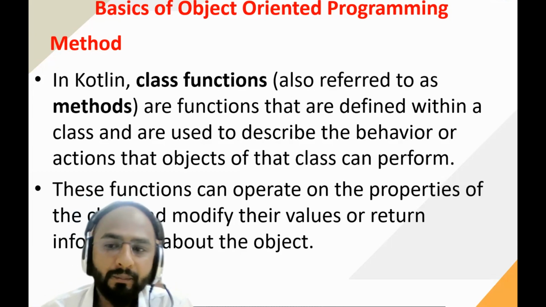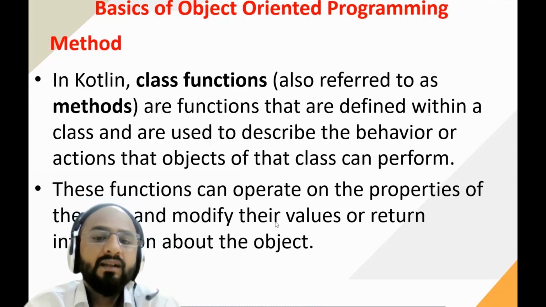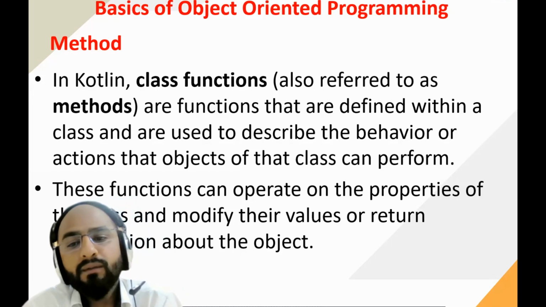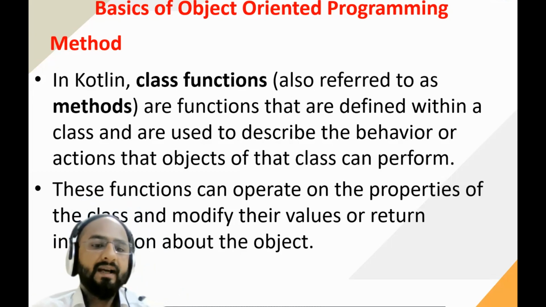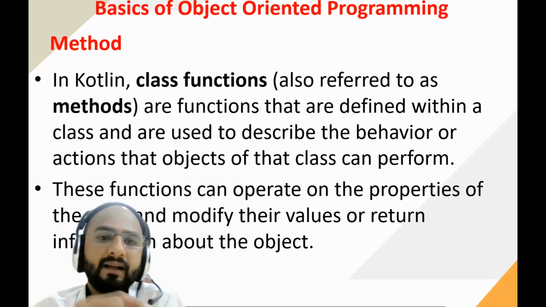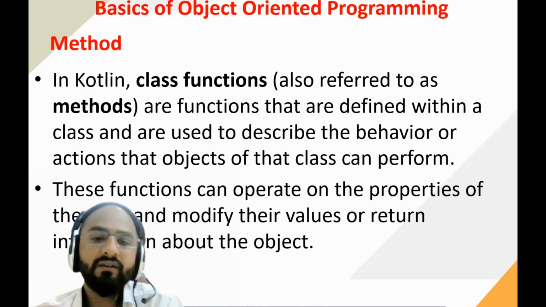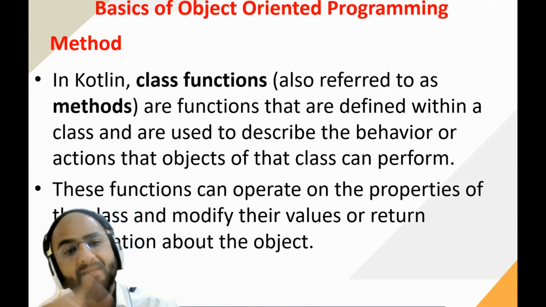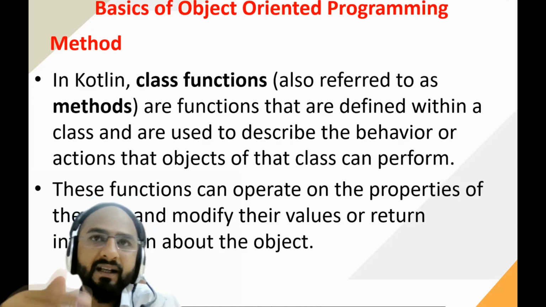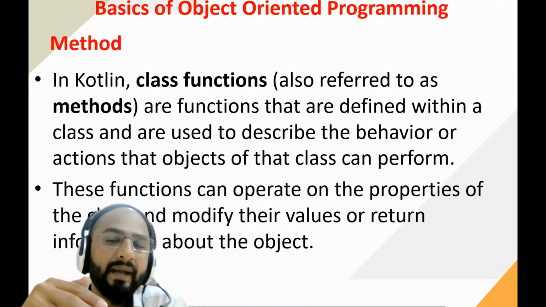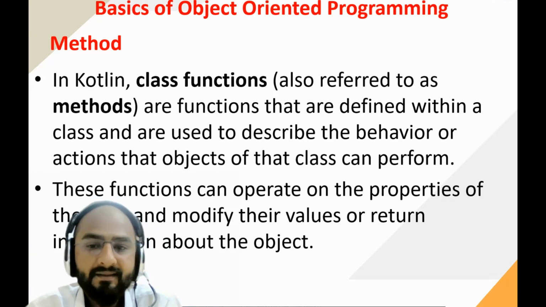This function can operate on the properties of the class and modify their values, or return information about the object. Say for example, you have created a class and there are 3 properties. Now in this function we can modify those properties. So what is the use of that method? If you are creating a method of the class, the method is used to modify the values of those properties.